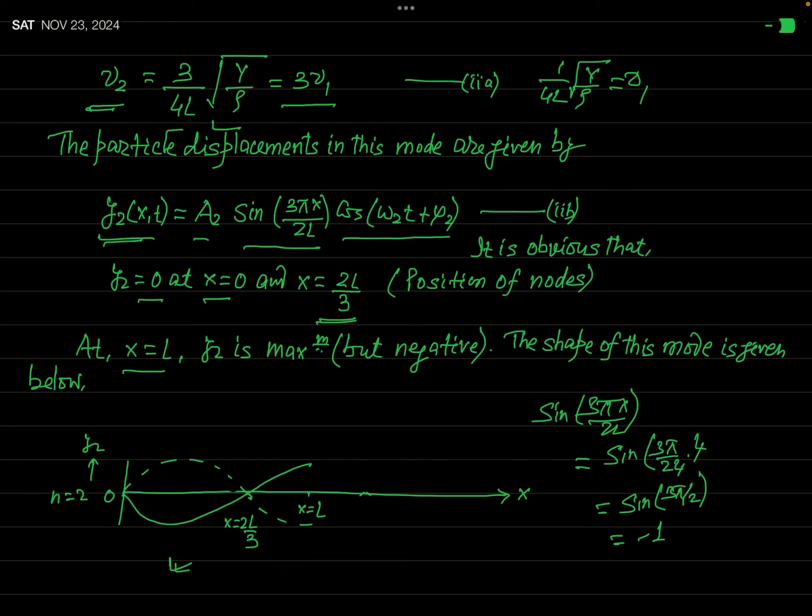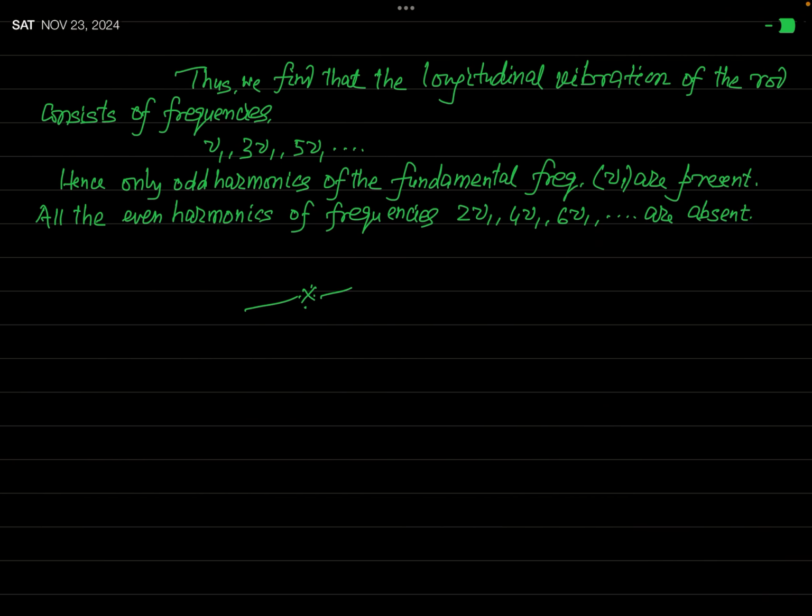Actually, when you try to find the frequencies and the shape of the mode for higher modes of vibration, you can obtain the results in a similar manner. When you try it, you will see that the frequencies which are present in this longitudinal vibration of a rod are nu1, 3 nu1, 5 nu1, 7 nu1, 9 nu1, and so on.